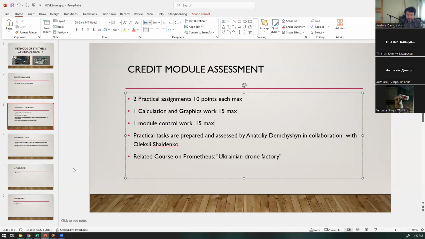Ten years ago, when this credit module was very different from today's, it was 10 assignments. Now it's 4. So it's a requirement that you present all 4 assignments.